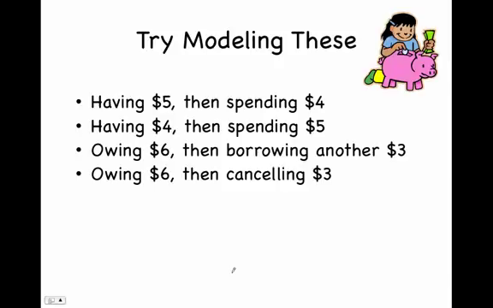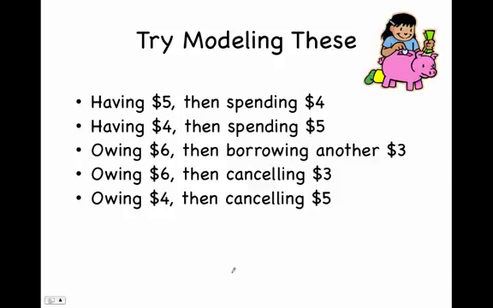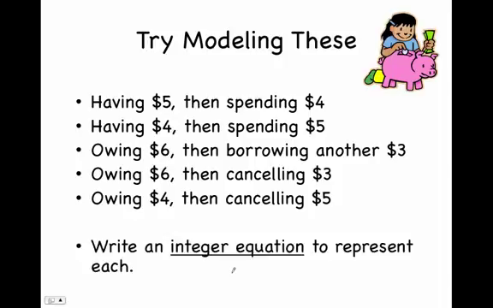Owing $6, then canceling 3 of those dollars that you owe. And owing $4, then canceling 5 of those that you owe. Okay, these are pretty much all the different possible situations here. Now write an integer equation for each using positive and negative values and an equal sign. Go ahead and pause the video here and see what you get on the next slide.